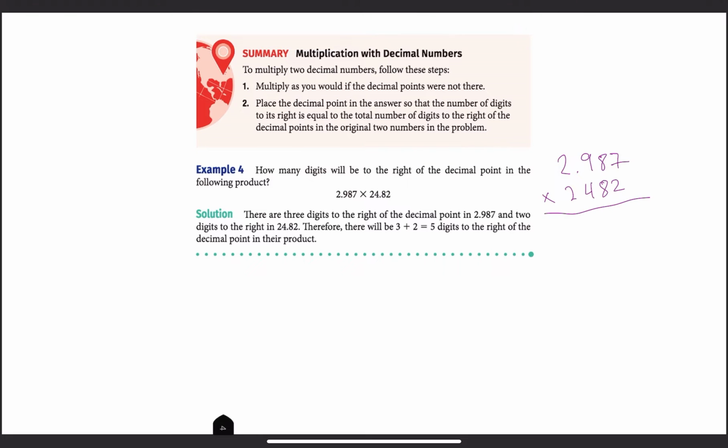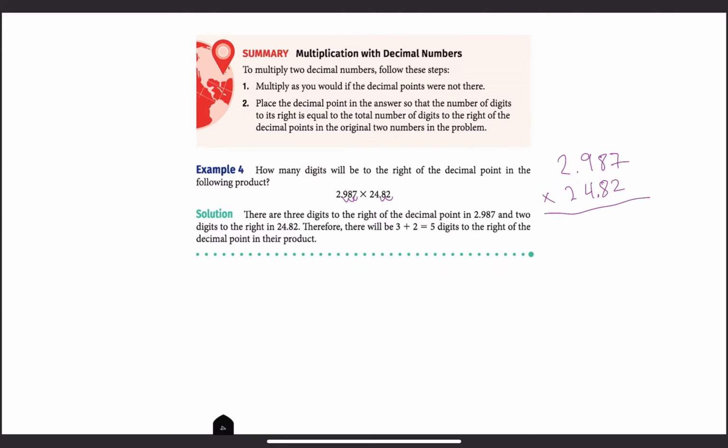And then what we'll do is we'll collect the number of decimal places. In this case, there's 1, 2, 3, 4, 5 digits to the right of the decimal place total in both factors. So that means our final product is going to have 5 decimal places in it as well. And so we'll see how that works out here.